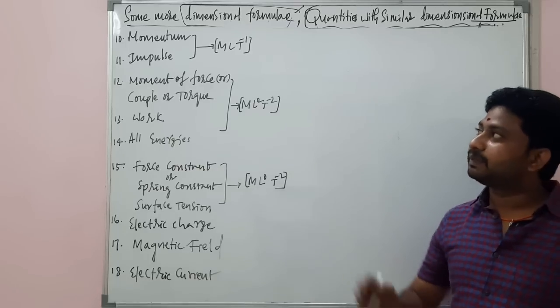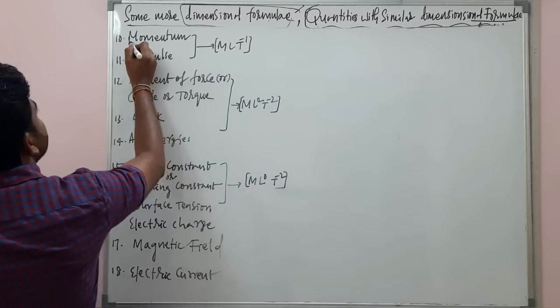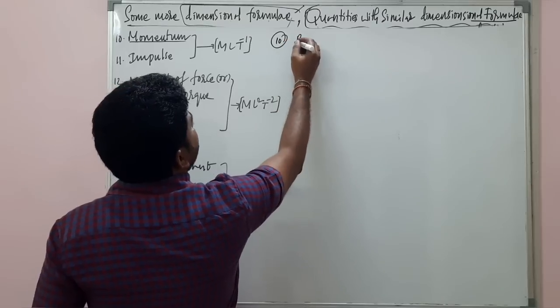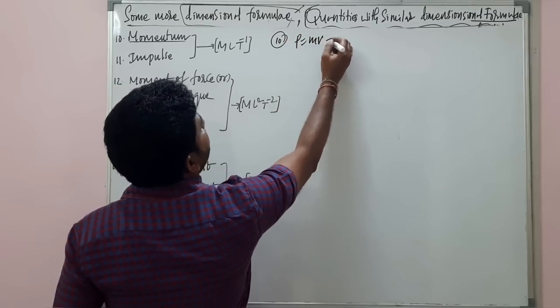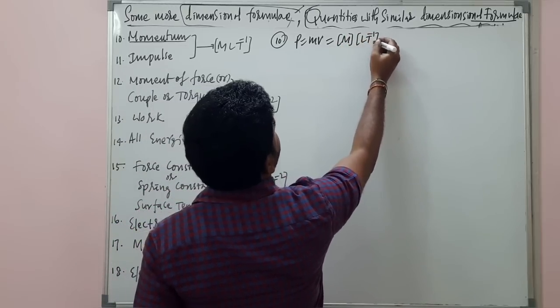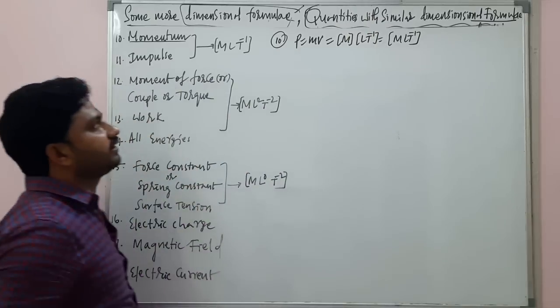Alright, let's begin. The 10th physical quantity is momentum. We have already discussed that momentum is equal to mass into velocity. Mass has dimensions M and velocity has dimensions L T^-1, so M L T^-1 is the dimensional formula.